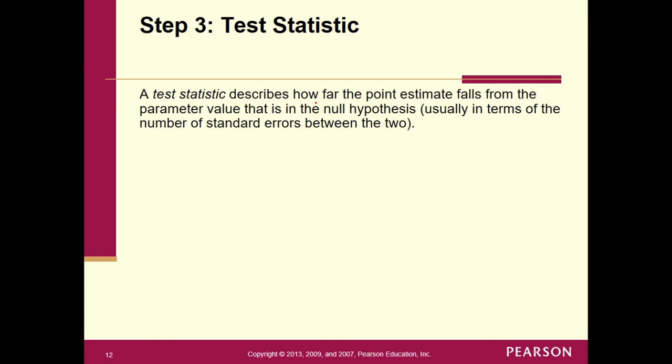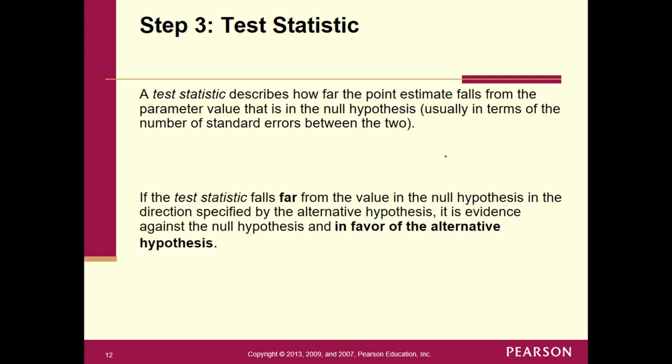So it describes how far a point estimate like x bar or p hat, things that are coming from our sample, falls from the value in the null. If the test stat falls far from the value in the null hypothesis in the direction specified by the alternative hypothesis, it is evidence against the null hypothesis and in favor of the alternative.